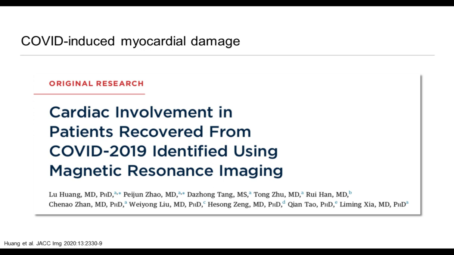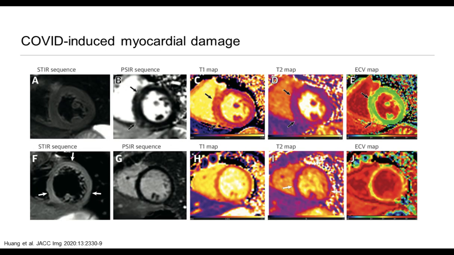And the point that I want to make here is that traditional sequences like edema-weighted sequences can visualize enhanced myocardial water content, and PSIR sequences can identify focal scar tissue, but using parametric mapping, we get a much better overview of the extent of the damage that COVID has done in the heart. And we can see areas with a lot of abnormalities on the T1 maps, the T2 maps, and the extracellular volume parametric maps.